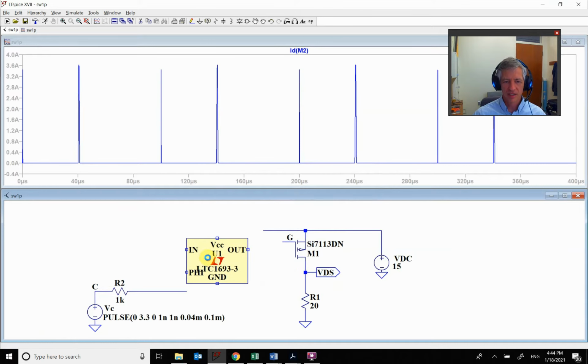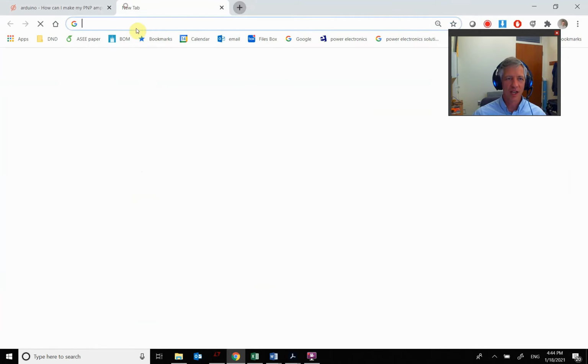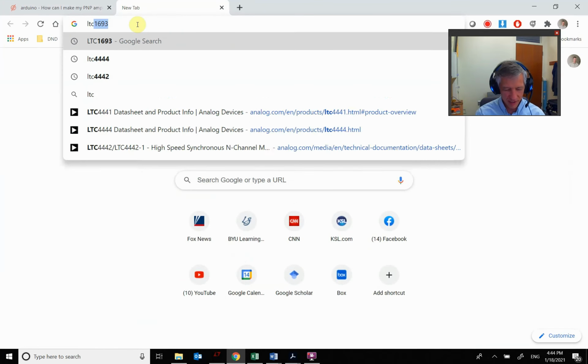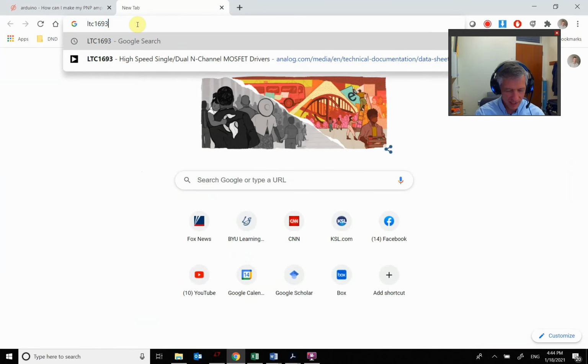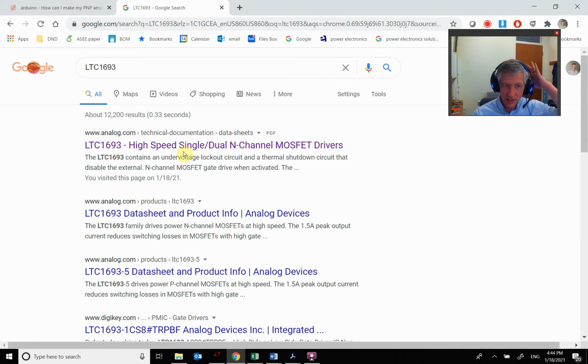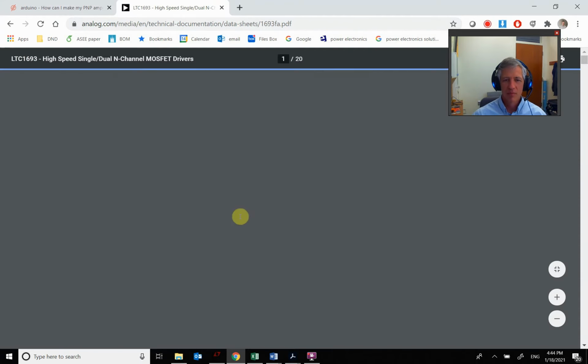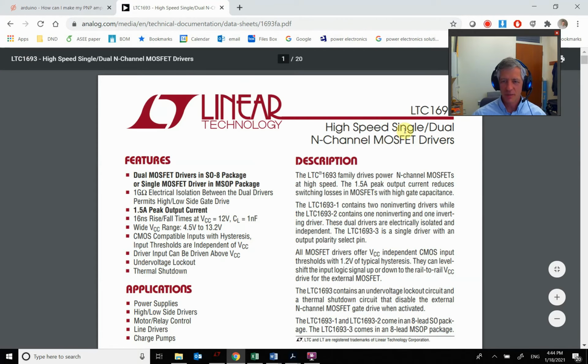Okay, so this has a little chip, 1693. So we're going to have to come up here and look up the LTC1693 to see what these look like. So this is a high-speed single or dual N-channel MOSFET driver, okay?